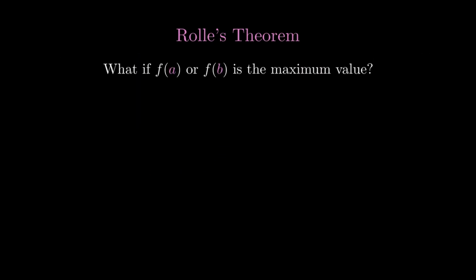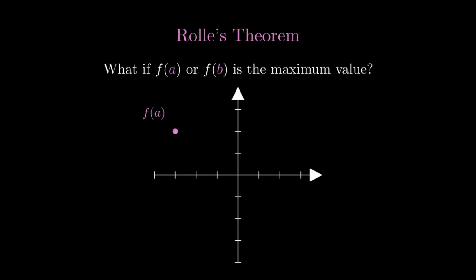Let's take a look at a graph where f of a or f of b is our function's maximum value. One of our assumptions for the theorem is that f of a is equal to f of b. Thus, they are both maximum values of f. Therefore, any continuous graph we draw between these 2 points must not exceed this line.